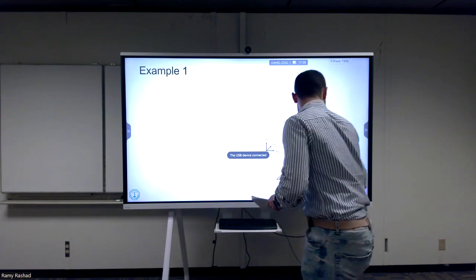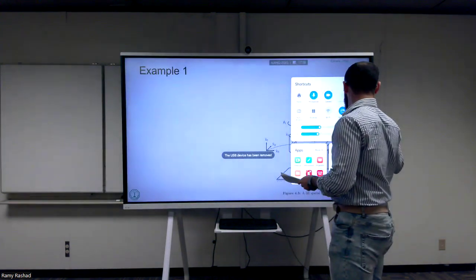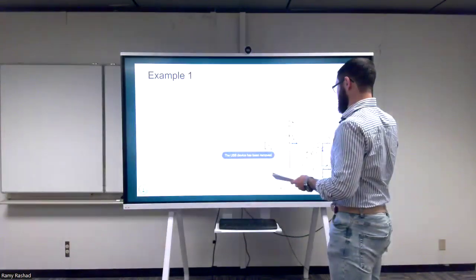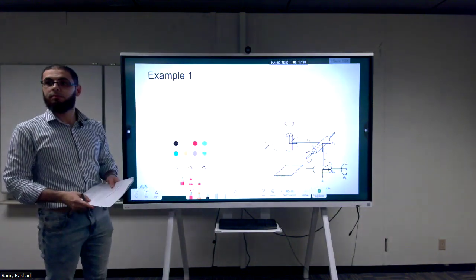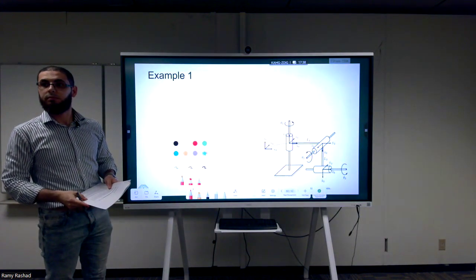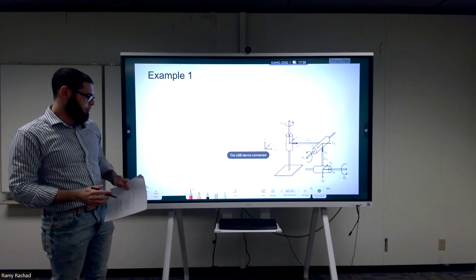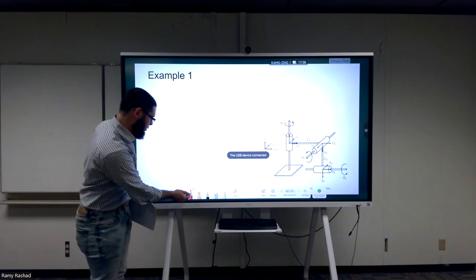Can you save the annotation? I think you can save the annotation temporarily. Okay, let's do it.